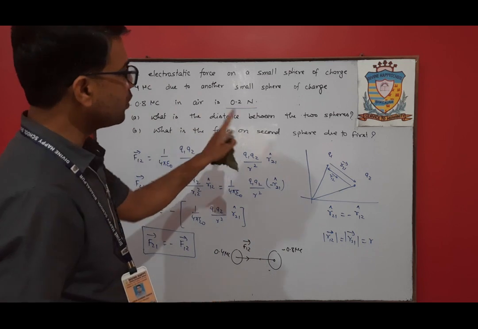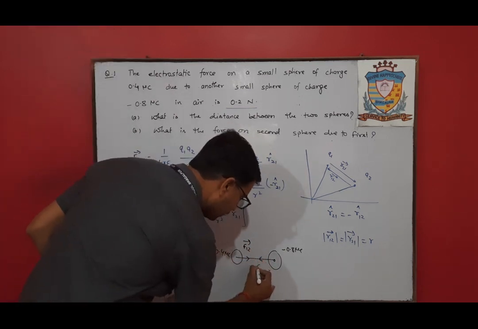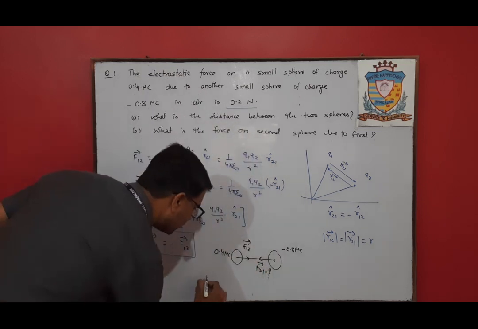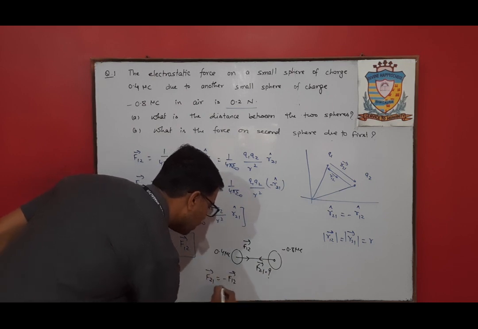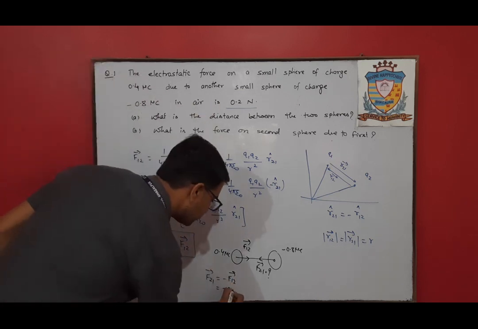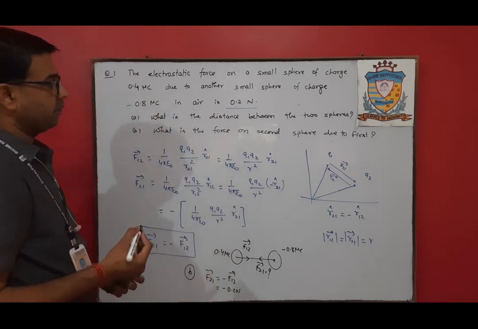So what is the force on the second sphere due to the first? F21, we have to find F21. So F21 is equal to minus of F12, which is equal to minus 0.2 Newton. Clear? So this is part B. Okay.